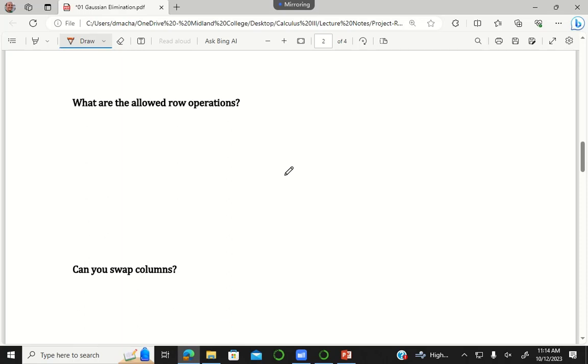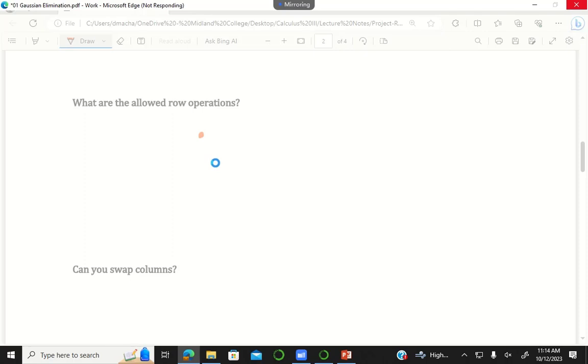So the allowed row operations, there's 3 of them. You can add or subtract one row from another row, just like you can add or subtract equations when you have a system of linear equations.